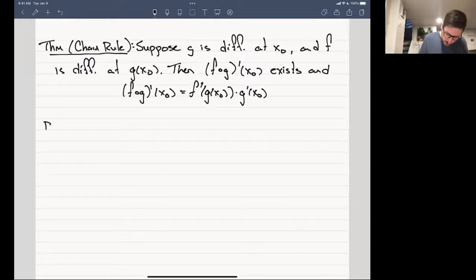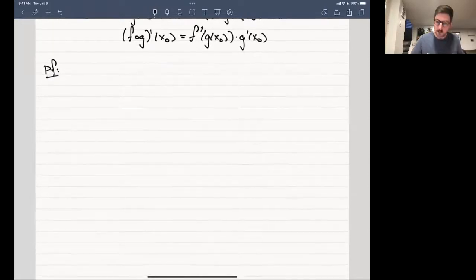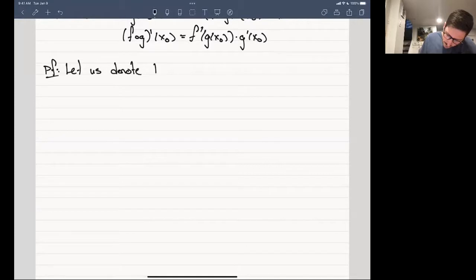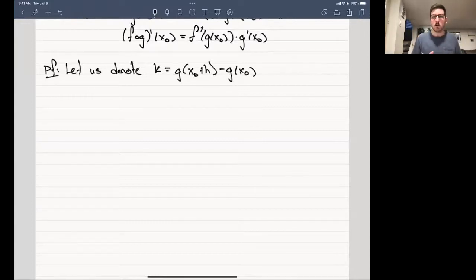So how are we going to prove this? We're going to use the definition of differentiability. Let us begin. I'm going to denote k, and k is actually a function of h. This is going to be that delta g, so it's g of x0 plus h minus g of x0.